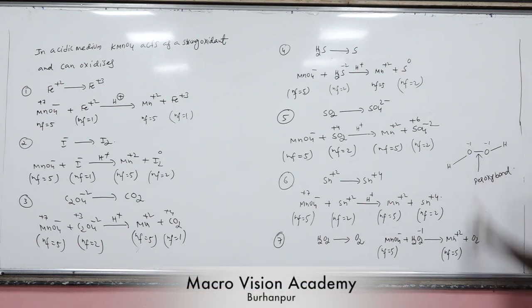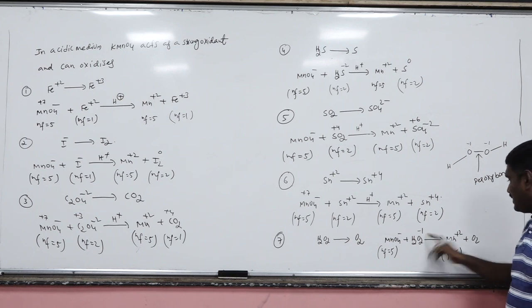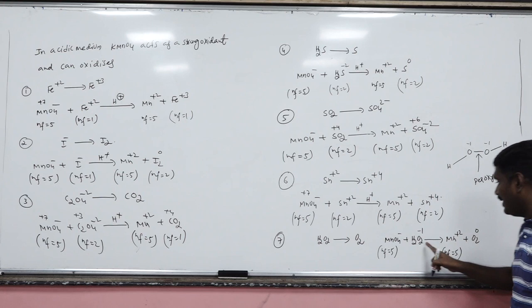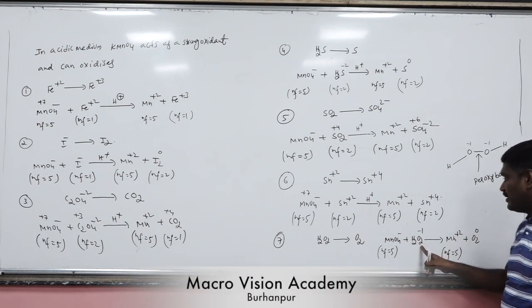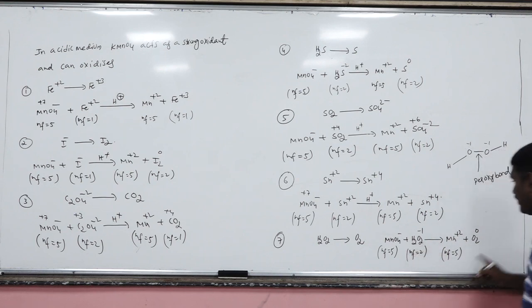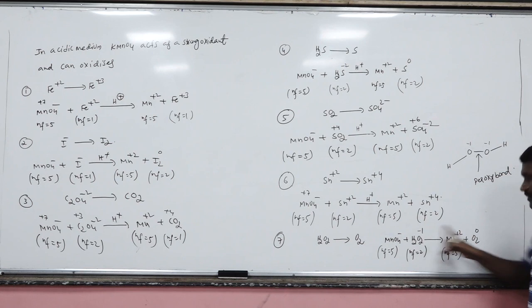Peroxy bond. In peroxides, oxygen oxidation state is always -1. Remember, this is very important. Now, -1, it will go to what? 0. -1 to 0, change is 1. Only one oxygen, but here two oxygens are there. So 2 into 1, 2. So N factor is equal to what? 2. Now come to here. 0 to -1, change is 1. For one atom, change is 1. For two atoms, change is 2.